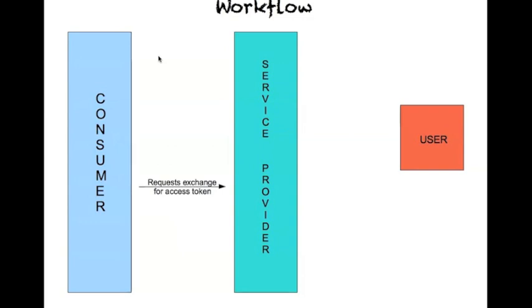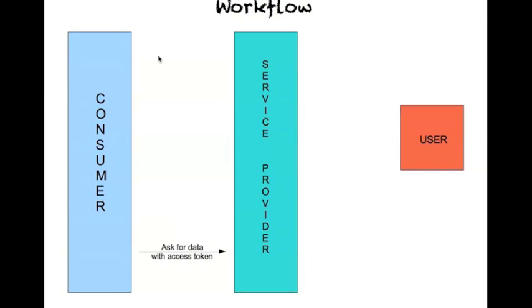When the service provider has validated this request token, it will then provide the consumer with the access token. This access token is included with the request of the consumer for data.